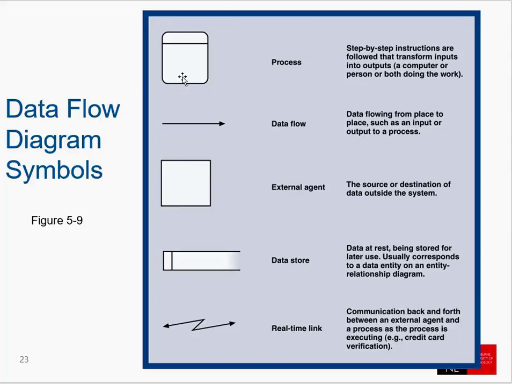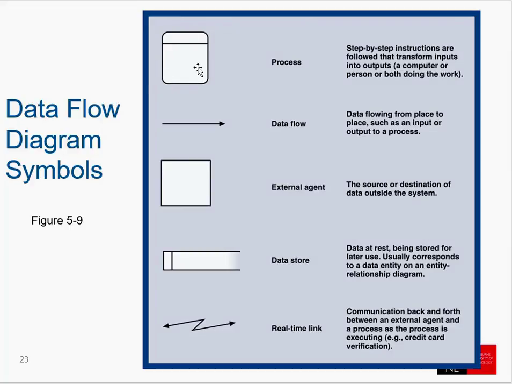The process symbol in a DFD represents sort of an algorithm, or we can call it a procedure, by which data inputs are transformed into data outputs. So it's sort of a process. We show the processes using this symbol.